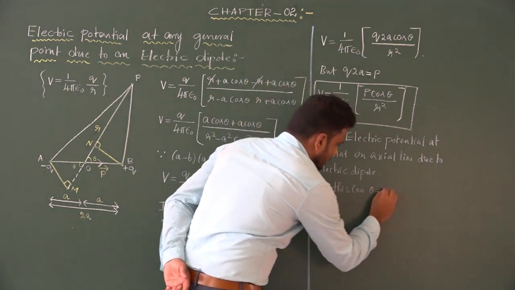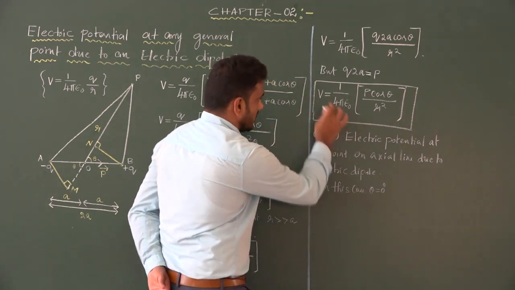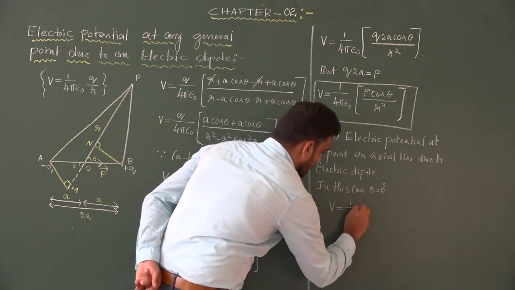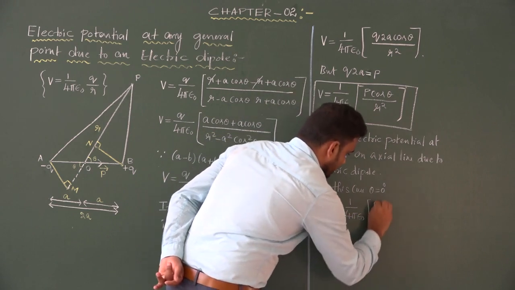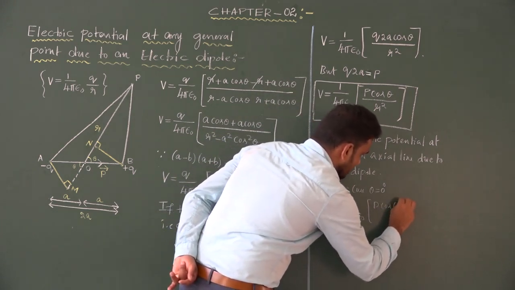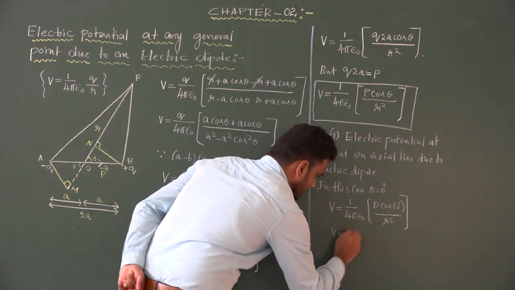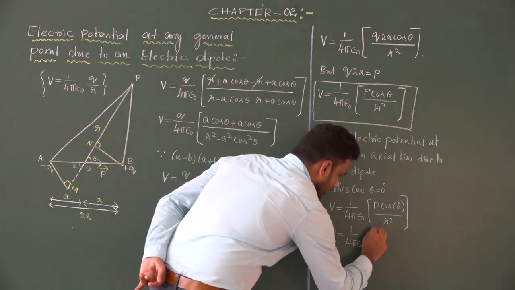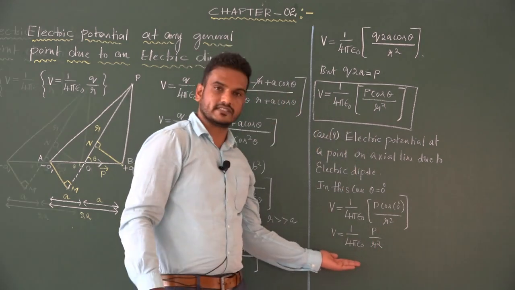So when theta is equal to 0 degree, according to this equation, V is equal to 1 over 4 pi epsilon naught P cos 0 degree divided by r square. Cos 0 is 1, the remaining is V is equal to 1 over 4 pi epsilon naught P divided by r square. So this is the expression.